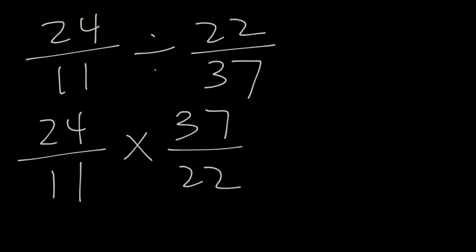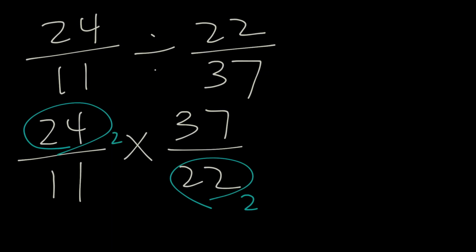Now let's look at this and see if we can simplify before we multiply. 24 and 2 we know can definitely divide by 2. The 37 and 11, there's nothing that you could simplify there.